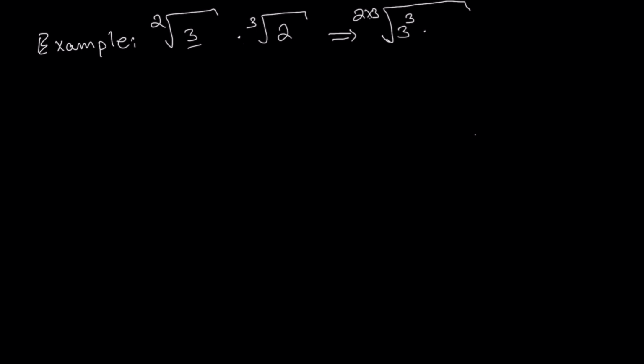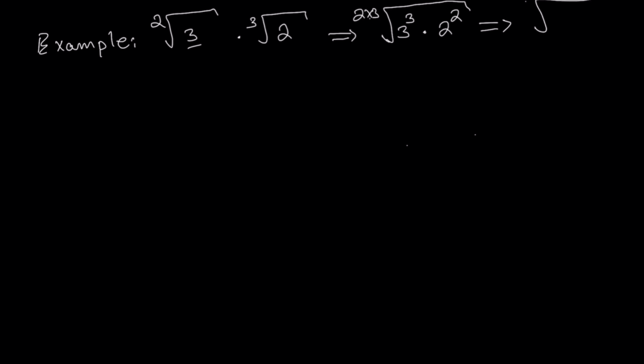The second sign is the multiplication, so we will just put that multiplication sign back there. So now 2 times 3 is 6, because we had to make it the same root to do the operation. 6 divided by 3 is 2, and the second number was 2, and that 2 will become the new power of that second radical number.